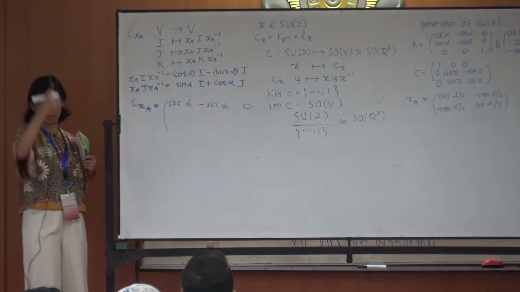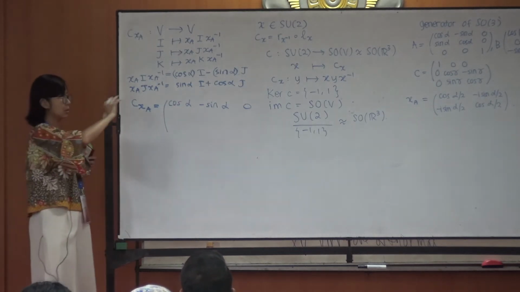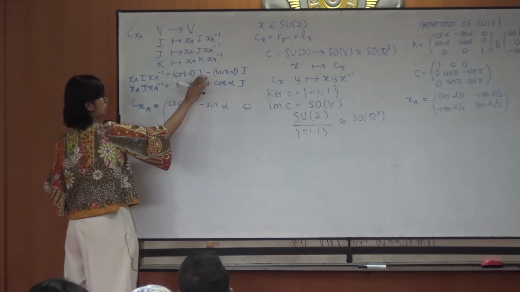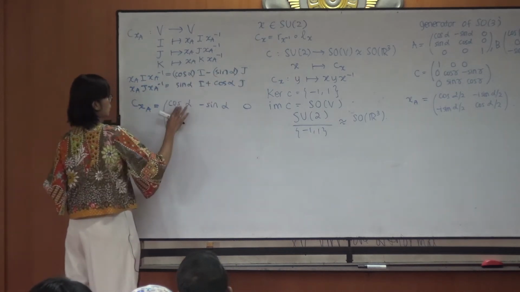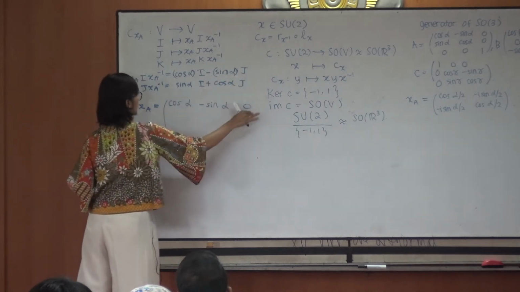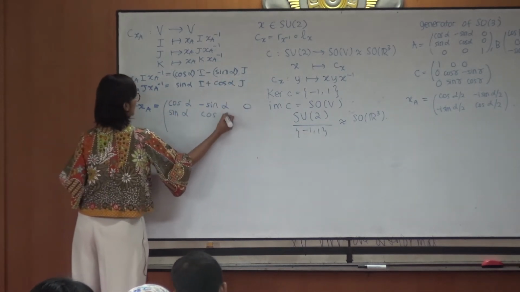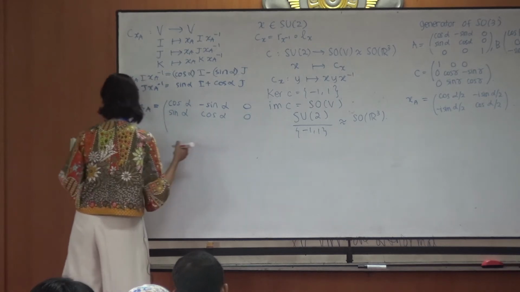Usually we write it on a column, but here we write it on a row as the linear combination of I, J, K. Here cos alpha, minus sin alpha and 0, and then sin alpha, cos alpha, 0.